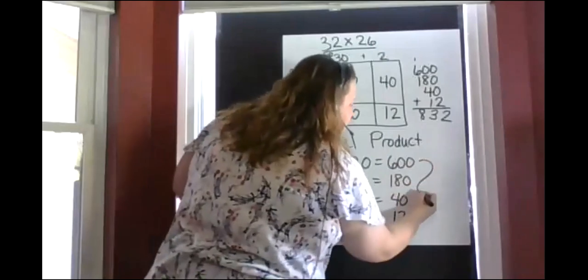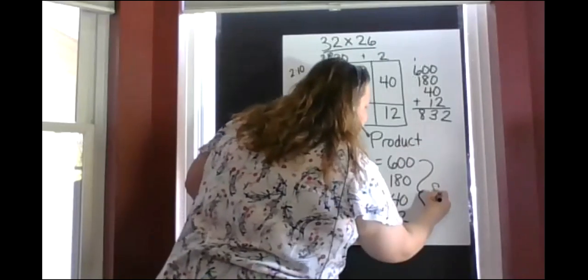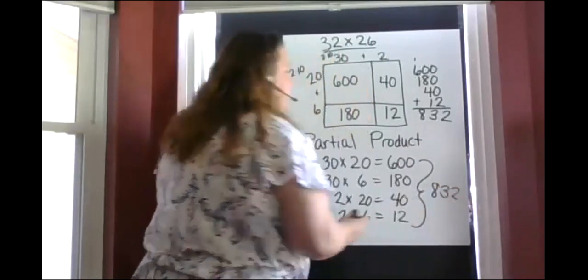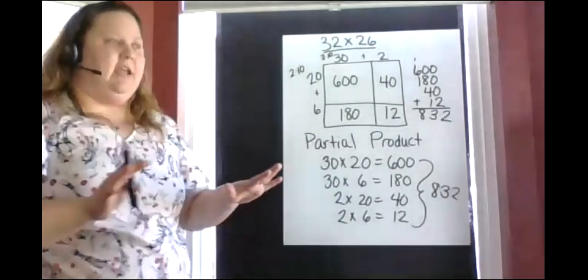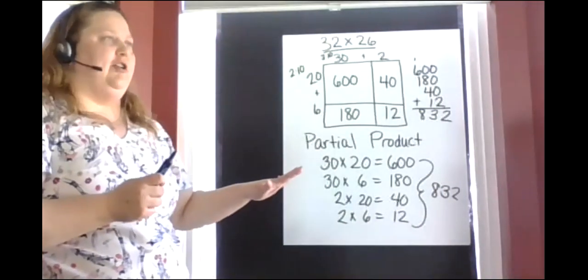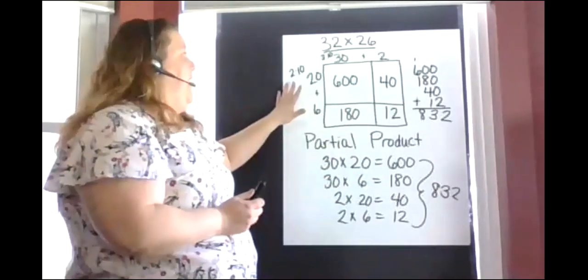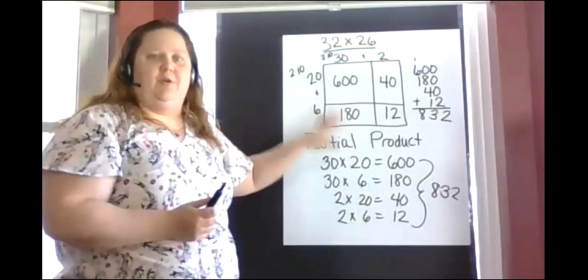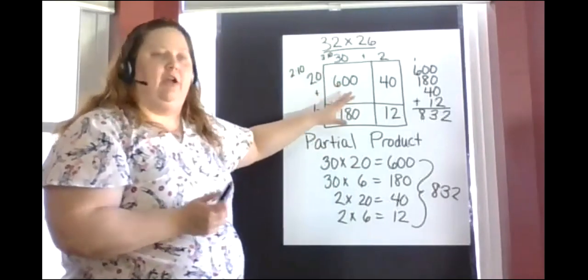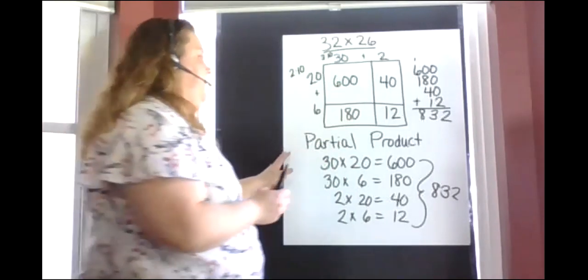And when I add these all together, I'm going to still get 832. So nowhere yet have we come to that standard algorithm where we put this mysterious 0 in. So far, everything that we've done is visual and kids can see where the numbers actually come from.